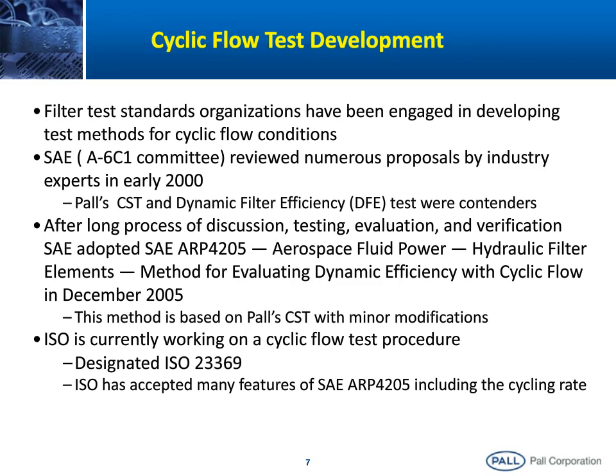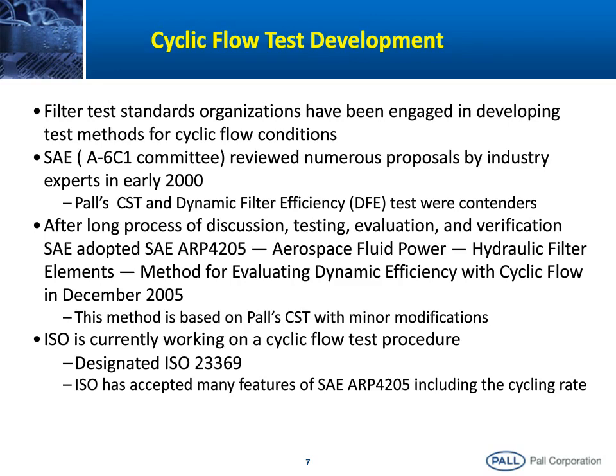The Society of Automotive Engineers, or SAE, has a committee, the A6C1 committee, that deals with hydraulic filters, and it was also interested in a test method based on cyclic flow. Pall, being a member of the committee, proposed its CST test to the committee. Along with Pall, there was another test that was proposed to the committee called the Dynamic Filter Efficiency, or DFE test.